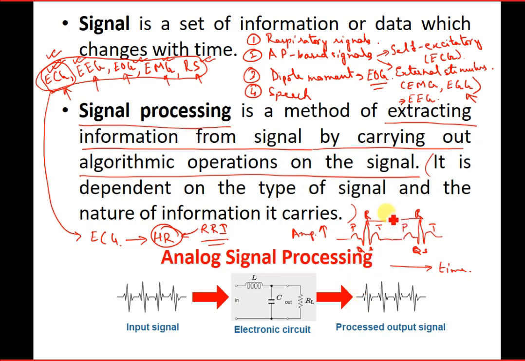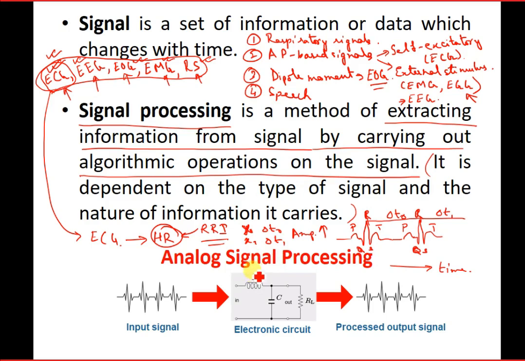Here I have delta t0 for the first RR interval. For the next RR interval I may have delta t1 and so on. So if I plot, for x0 I have delta t0, for x1 I have delta t1 and so on.